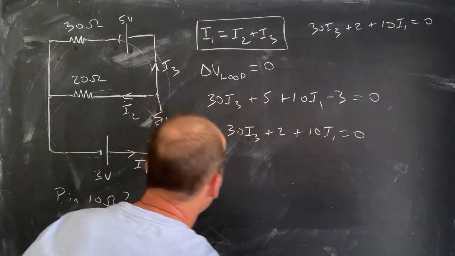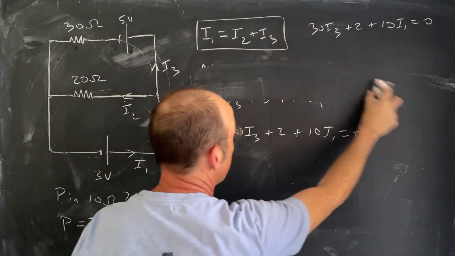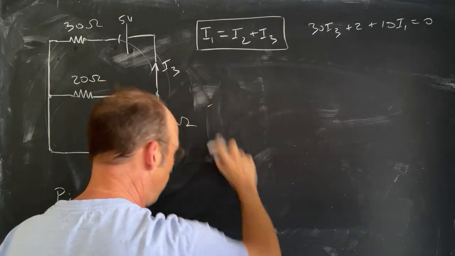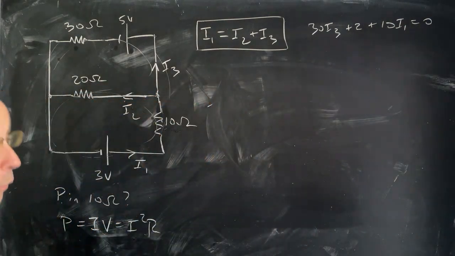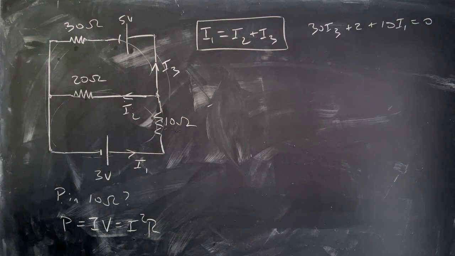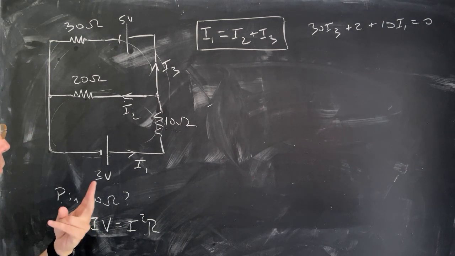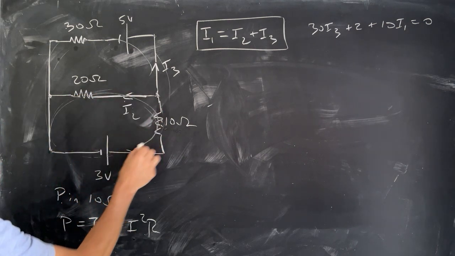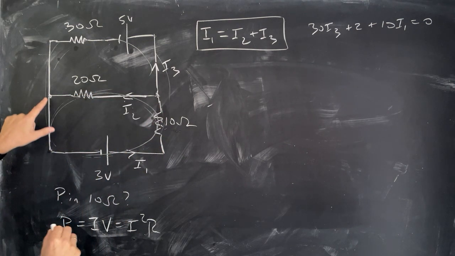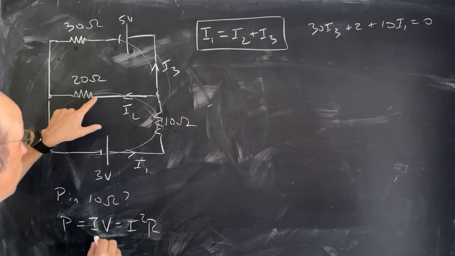Now we can erase this and put our next equation. So let's do another loop. We can pick whatever loop we want. Well, we can't pick the same loop. I'm looking right here. They're both going to be the same thing, two resistors. I'm just going to do this loop right here. So starting right here, I'm going to go up, and now I'm going to go across this 20 ohm resistor.